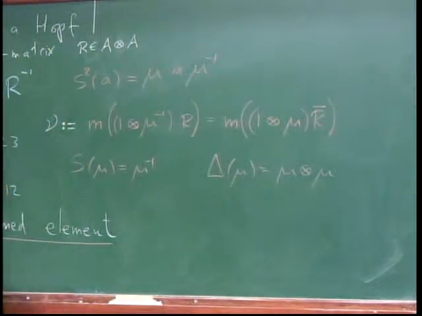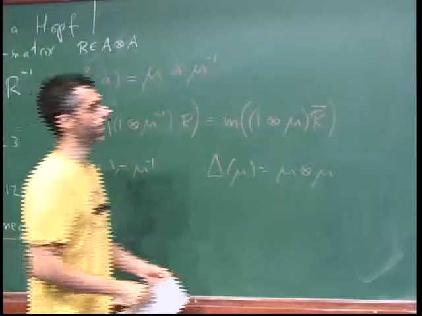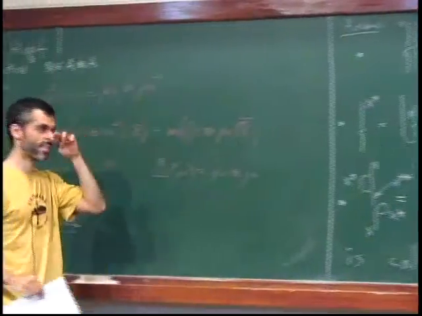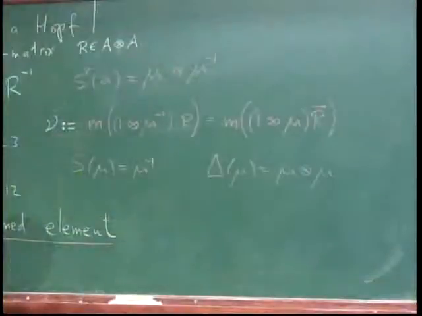Nu is the so-called ribbon element that's going to produce for us the ribbon, the full twist. Okay, so this is the data that we have. Let me finish the statement of the theorem.